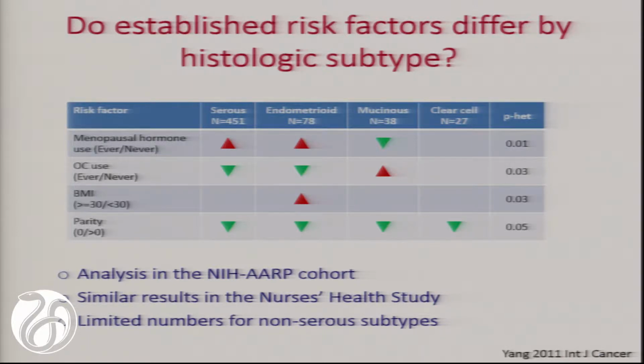There have been very similar results published by Shelley's group from the Nurses' Health Study and a few other studies, the European EPIC cohort and others, but all have run into the same limitation that non-serous subtypes are very rare and we cannot really study them well in individual cohort studies.